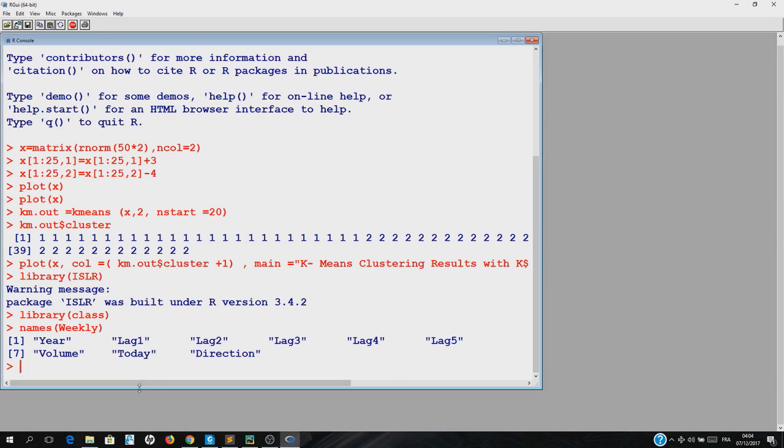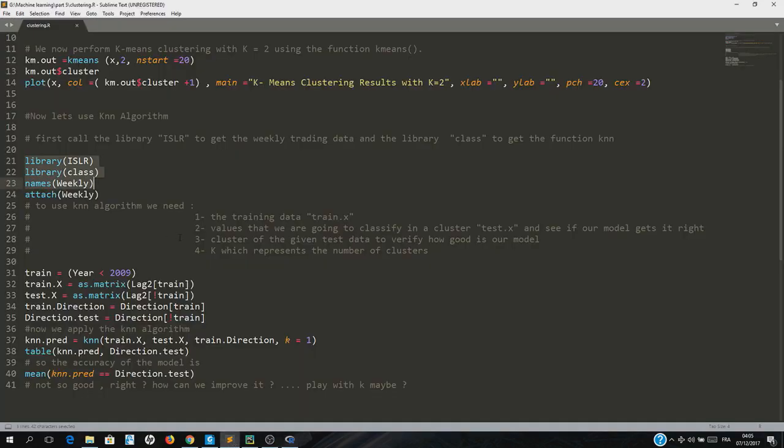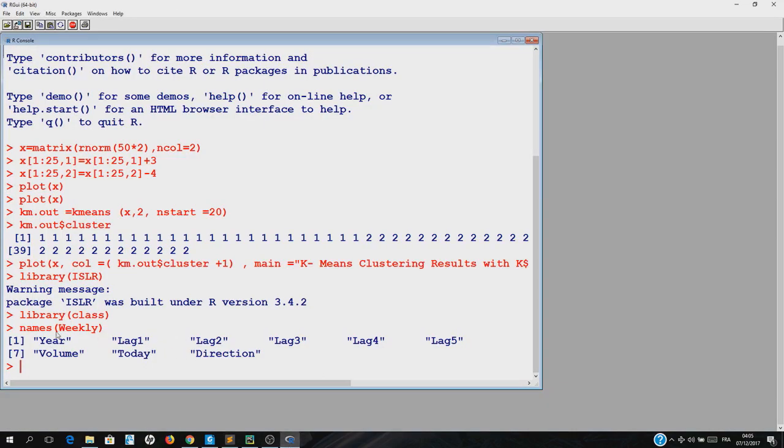We're also gonna predict the same thing, which is Direction. Is our stock market going up or down? So we buy or sell. It's a really important task, and it involves a lot of money. I showed you before this function attach, which allows us to use these names from Weekly without typing Weekly dollar sign and then the name. So it saves us a lot of time.